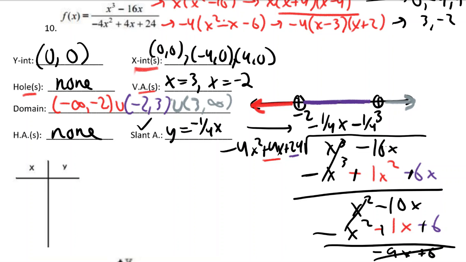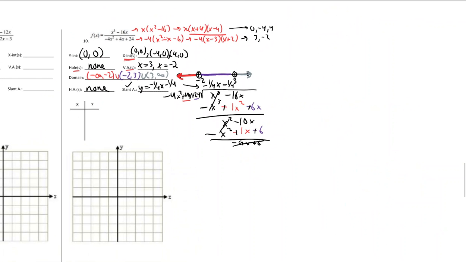Y equals -1/4 x minus 1/4. Now again, some of these long division questions are a little bit harder than you'll see. Usually you don't have to deal with fractions, but if you spend a little more time on it, you should be okay. Alright, throw all this onto the graph.